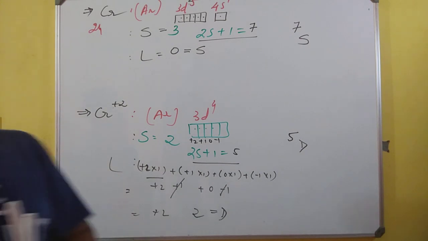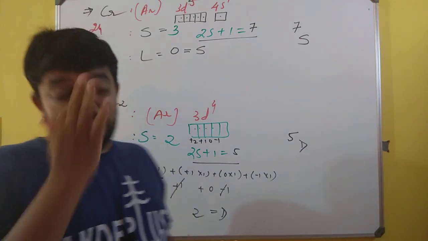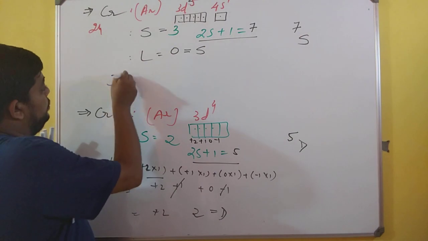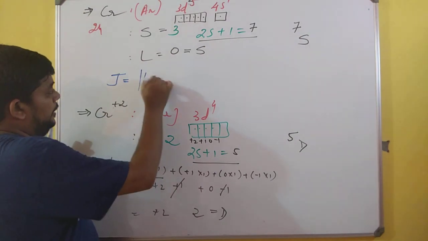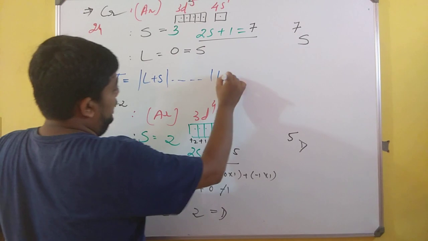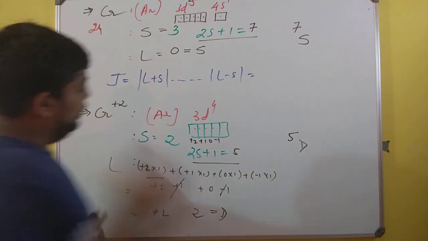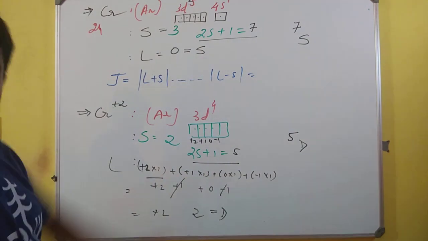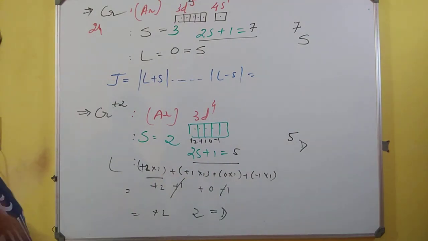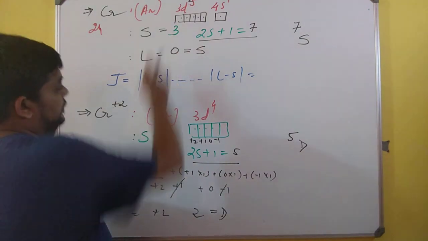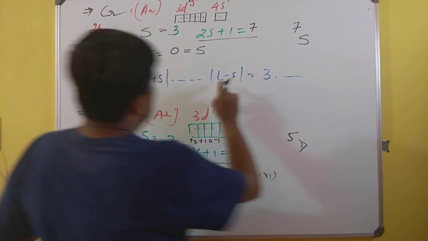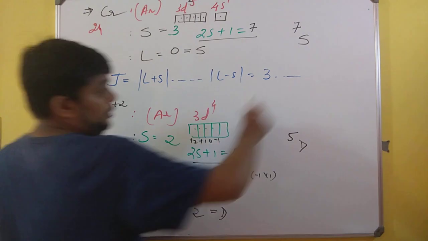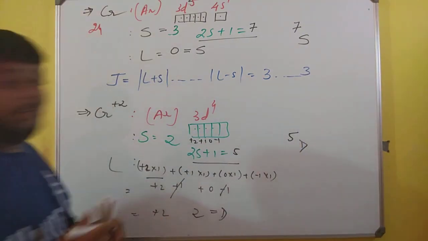Now is the chance for your L plus S and L minus S. Whenever I have to determine the J values, L plus S, L minus S, what will happen? L is 0, S is 3. So it is very clear. Don't get confused. 0 plus 3, it is 3. 0 minus 3, it has to be minus 3. But as it is in modulus, again it will be 3 if I am not mistaken.